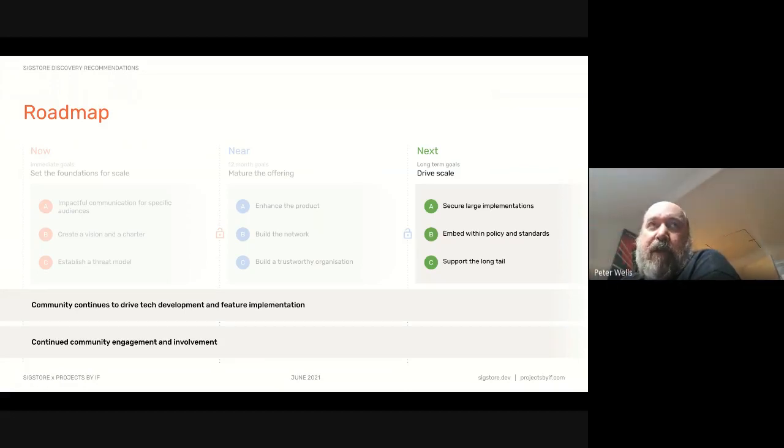Again, using things like that evidence and the new material and the strength of the product to embed within policy and standards, and supporting the long term, because as the large actors come along, as large policy recommendations come in, there's a long tail of small and mid-sized software development houses and software development ecosystems that might need support so they don't get left behind by such a big change.